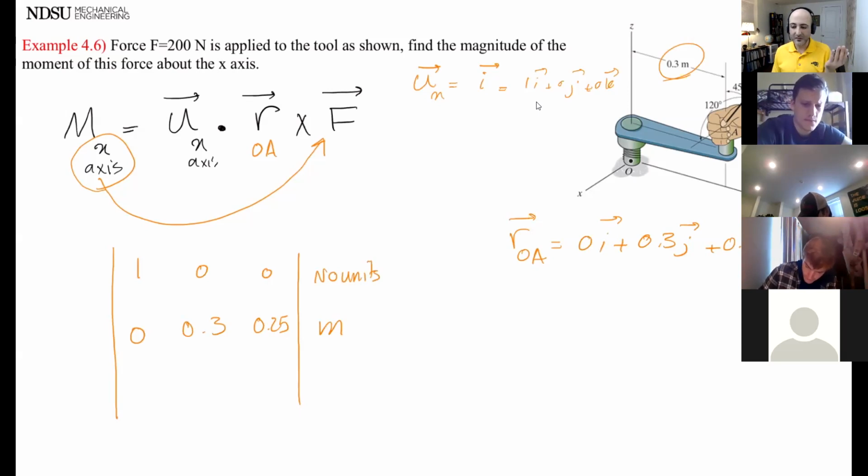Now force F. That's where we've got to work for it. The only thing I have is the magnitude of it. But I have the angles, which are called coordinate direction angles, alpha, beta, gamma.